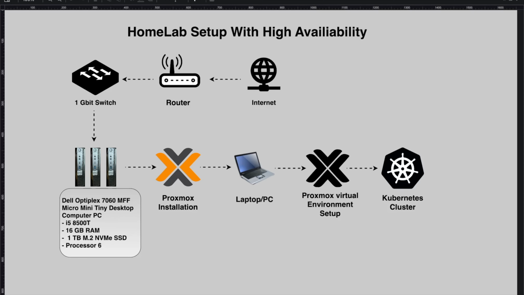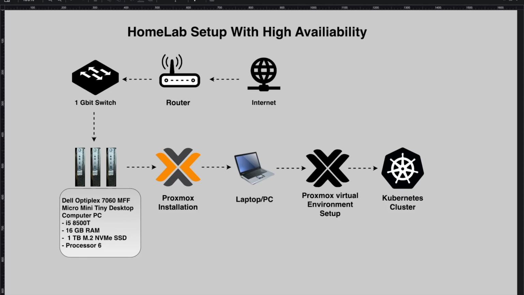And we have talked about the hardware, the Dell Optiplex Mini PCs, which are small but mighty. Moving on to the Proxmox installation, it's the backbone of our setup and a lightweight hypervisor. Then we go into a laptop or PC and work in the browser with the Proxmox IP address.